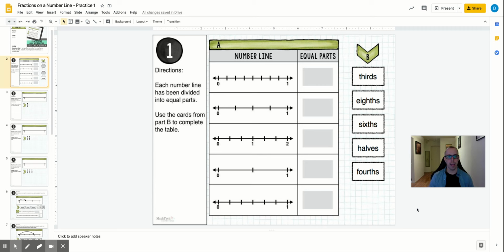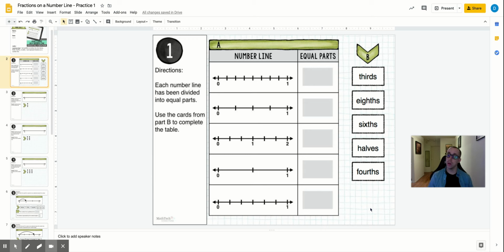Here you will look at each number line, and it's been divided into equal parts. Use the cards over here to drag into the boxes to label which number line is divided how. Now, in order to find the number of total parts on a number line, you have to count between 0 and 1. Now, most of the fractions we've done in this unit have fallen between 0 and 1.